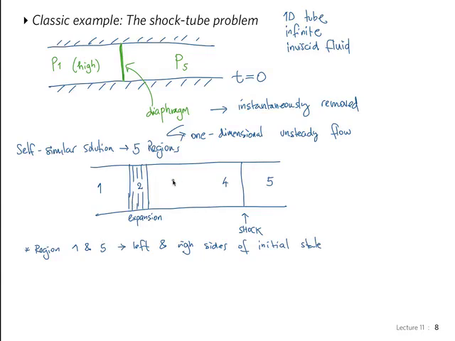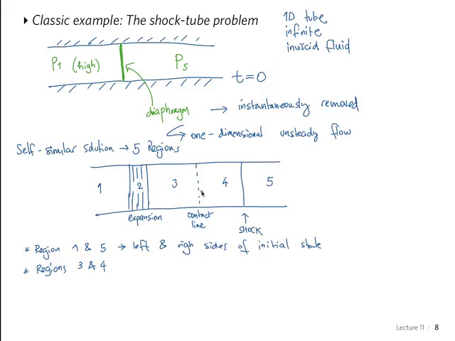And region 3 here and region 4 are separated by what's called a contact line. So regions 3 and 4 basically have steady states which are independent of x.